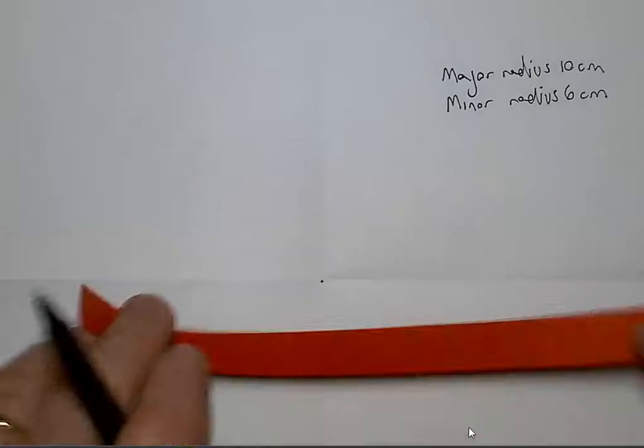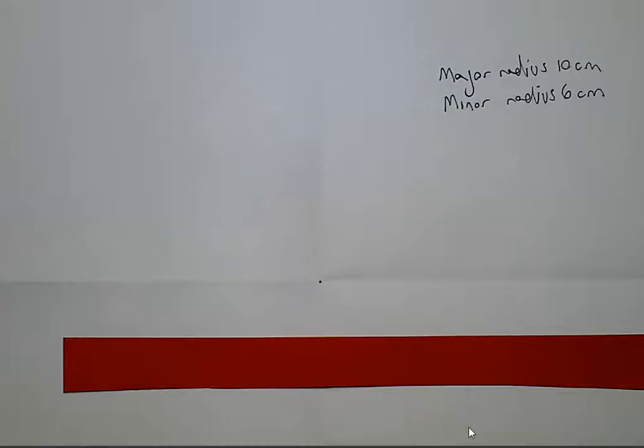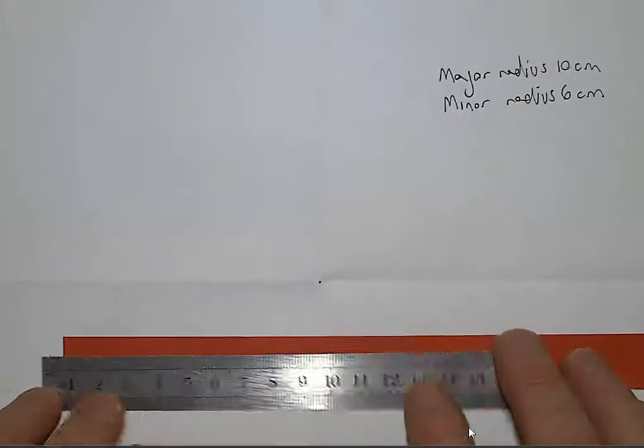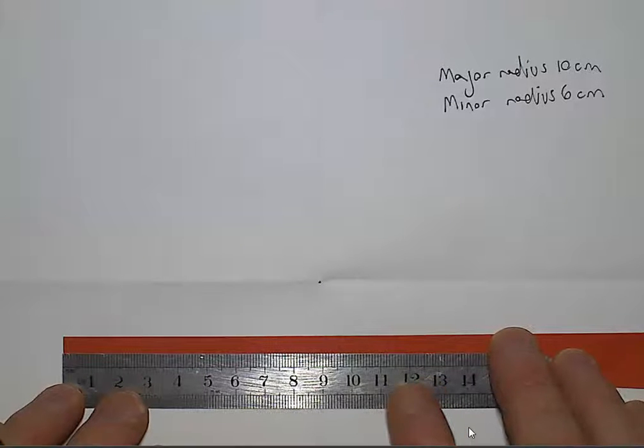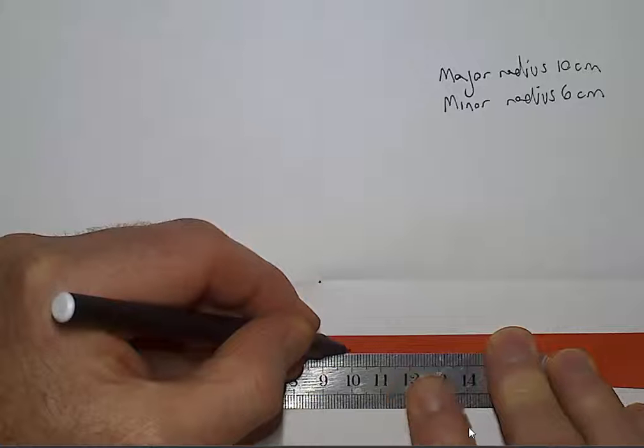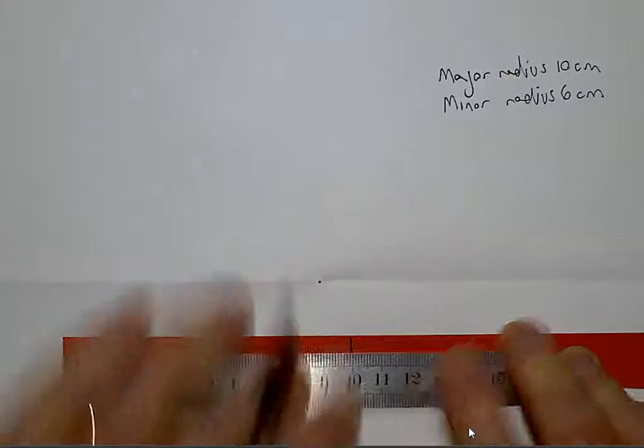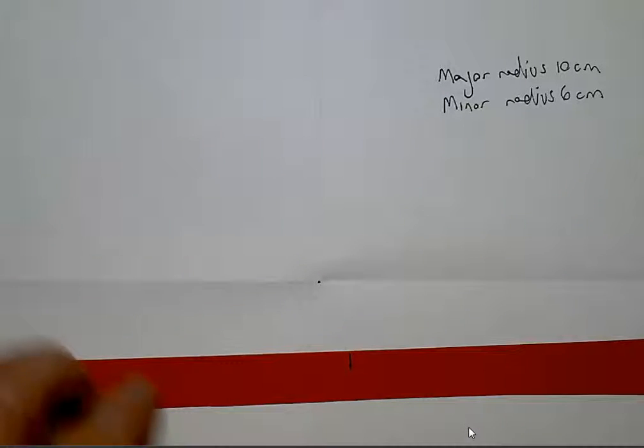Get yourself another strip of paper and make this strip of paper exactly the length of the major radius long. So it's going to be 10 centimetres long. I'm going to trim it off to that size.